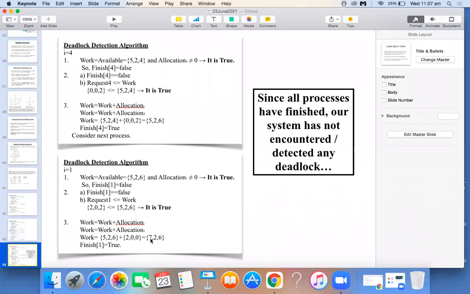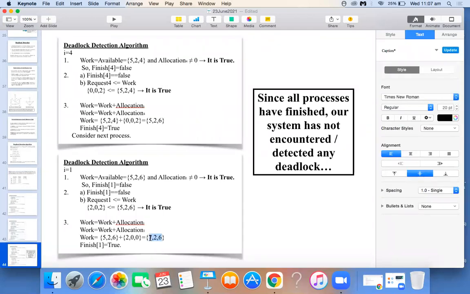So you should get the same value at the end of execution of all processes. So whatever resources the processes have requested, you have allocated all those resources, and they have completed all their executions. So once all processes have completed their execution, the same resources you had initially, you should get back. 7, 2, 6, all the resources have been returned back.